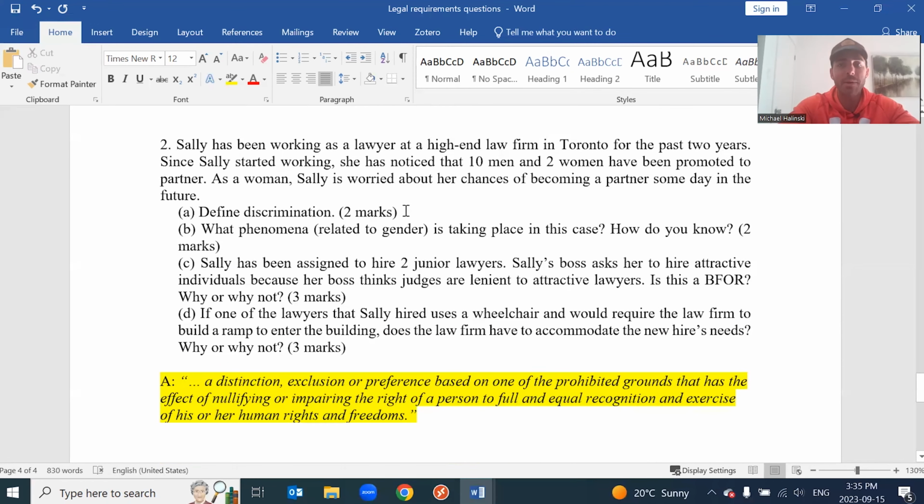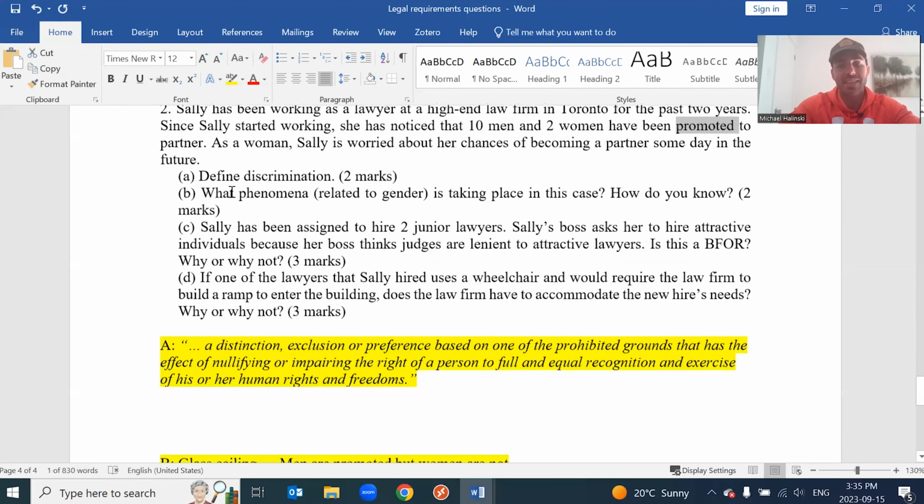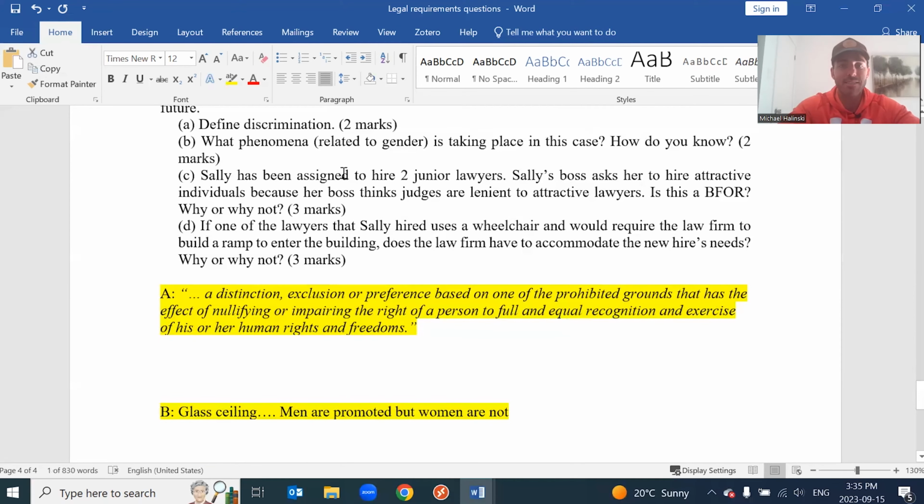It's the idea that women can get a job as a lawyer, okay, good. It's a high profile job, it's a good job, but you can't get into the manager ranks. And in this case, you can't be promoted to a partner. So the fact that men are being promoted and women are not being promoted suggests that there is a glass ceiling taking place, okay?